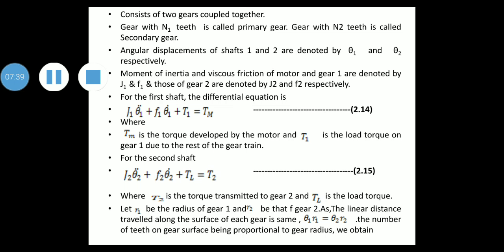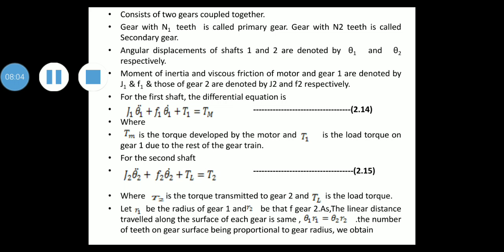So Tm is the torque developed by the motor, T1 is the load torque on gear 1 due to the rest of the gear system, T2 is the torque transmitted to gear 2 and TL is the load torque. Then we have two notations, R1 and R2. Let R1 represent the radius of gear 1 and R2 that of gear 2.